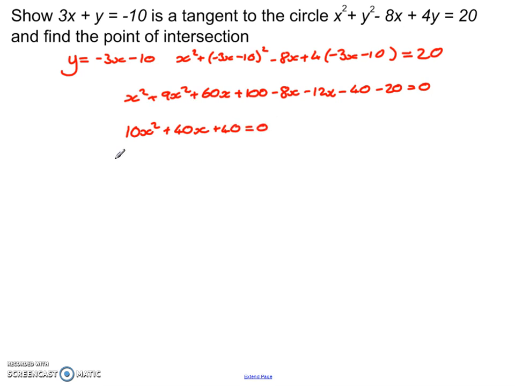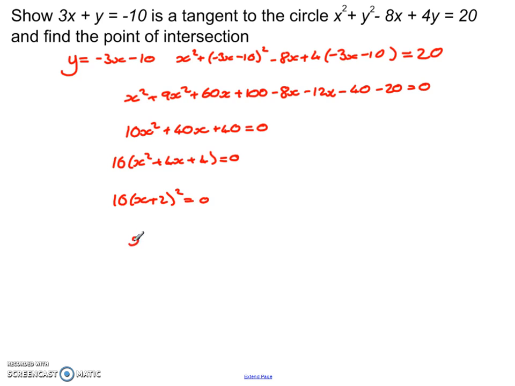Factorise this now, so take out 10 as a common factor, and I get 10 bracket x squared plus 4x plus 4 equals 0. Then factorise this again, and I get 10 bracket x plus 2 squared equals 0. This then tells me I've got a single solution here. So what I've done here is I've shown it as a tangent because I've got one solution to the quadratic. I've got one point where it can intersect.